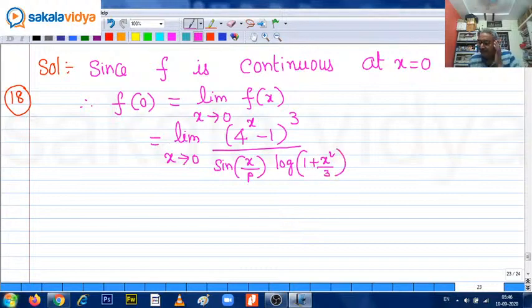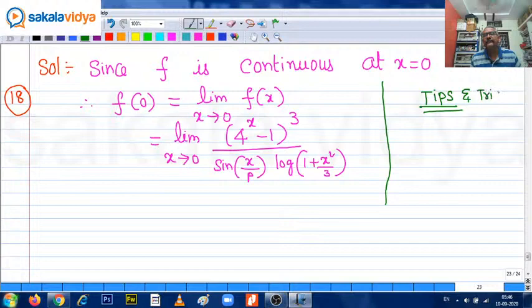Here some important concepts need to be applied. These are tips and tricks. Sine of x upon p is approximately equal to x upon p if x is very small, because x tends to 0.